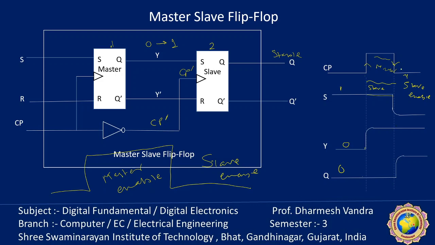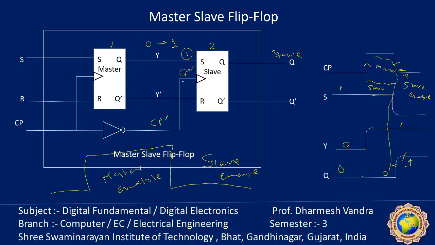After this, Y is 1 and it is connected to set. Once it sets, Q changes from 0 to 1. So the set takes effect after the clock goes from 1 to 0.